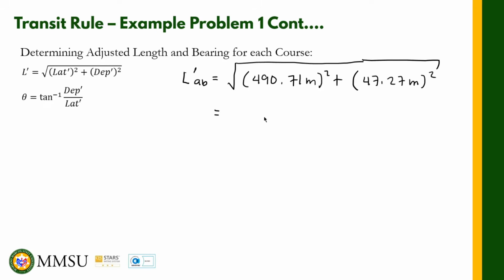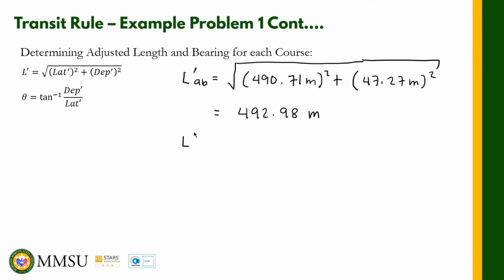So the adjusted length for AB should be equal to 492.98 meters. We do the same for the remaining lengths.